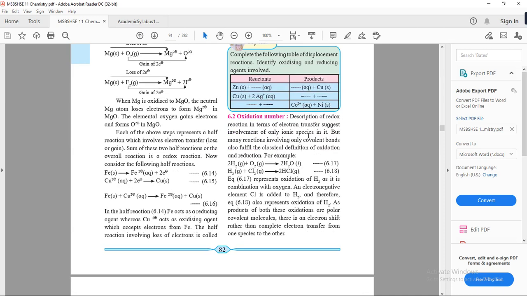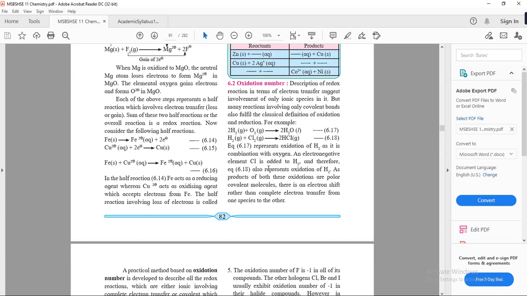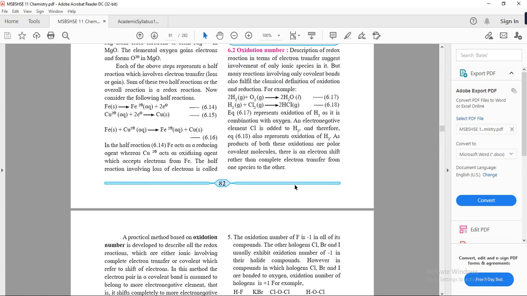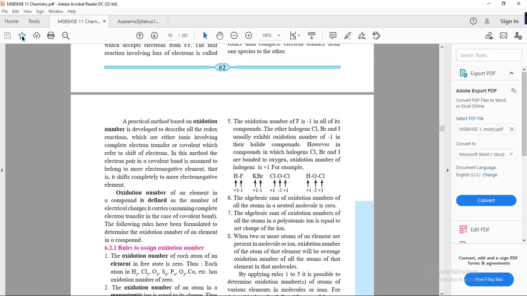The description of redox reaction in terms of electron transfer suggests involvement of only ionic species, but many reactions involving only covalent bonds fulfill the classical definition of oxidation and reduction. The electronegative element Cl is added to H2, and therefore the equation also represents oxidation of H2, and the products of both these oxidations are polar covalent molecules. There is an electron shift rather than complete electron transfer from one species to another. So there is a shifting of electrons.